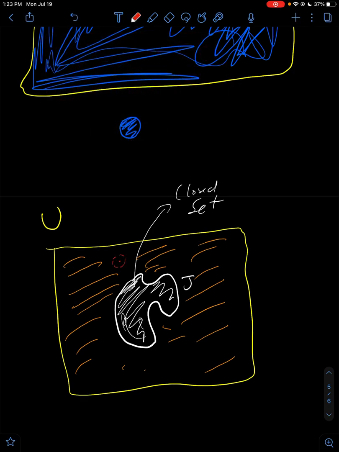What would be an open set, right? Since you could take any point, make some sphere, right? And it doesn't include the boundary of J anymore, since the boundary of J is in the closed set.